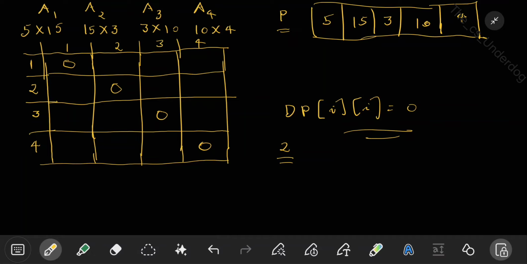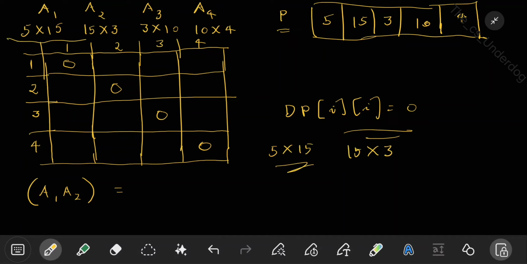Let us see which are the possibilities. One entry to be filled is dp of 1, 2. What does that say? That says multiplication of matrices from A1 to A2. How many matrices are there between A1 and A2? Nothing. Only A1 and A2 are there. So totally you have to multiply these two matrices. Let us see what is the count of scalar multiplications required. A1's size is 5 by 15 and A2's size is 15 by 3.